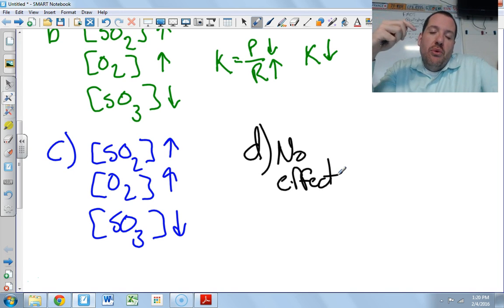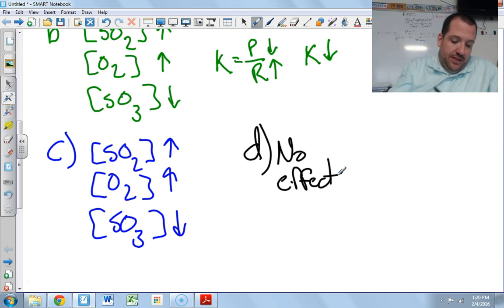What I have a tendency to say is it affects kinetics, not equilibrium. A catalyst only speeds up the reaction, so there's no effect on the actual equilibrium position. It gets to the equilibrium position faster.